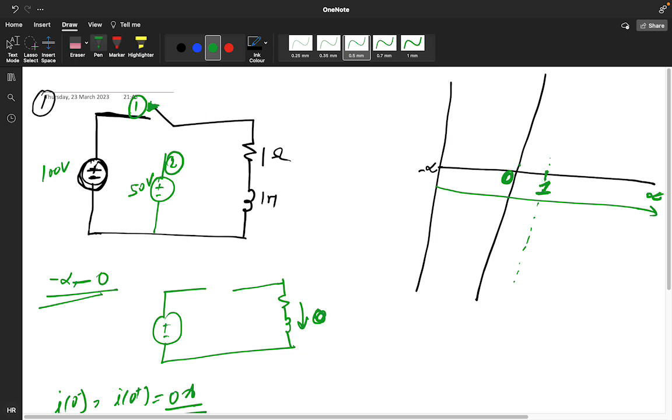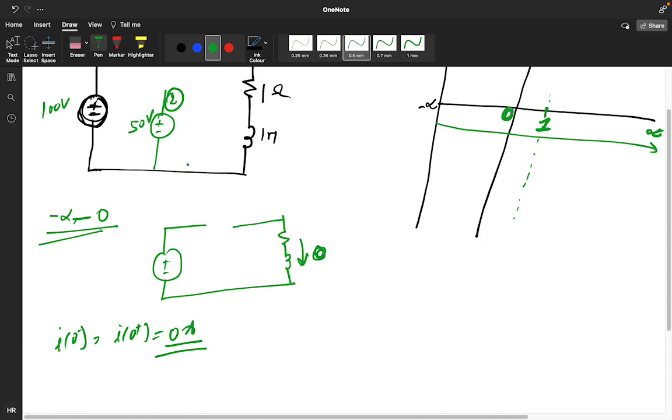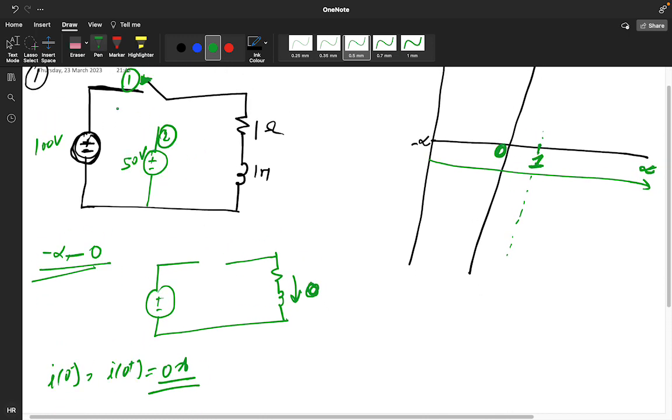What I am assuming now is that I am finding not for 0 to 1 second but for 0 to infinite seconds, and I forget that at 1 second my switch changes. I am not connecting the switch at 1 second, so I will get the I of infinite current.